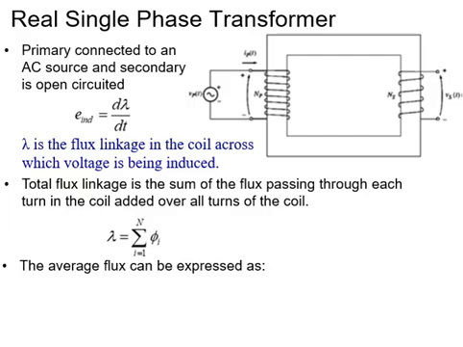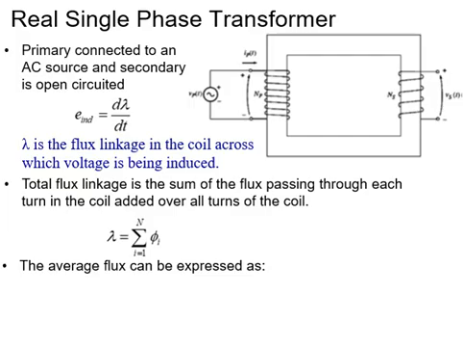Then the total lambda would be lambda 1 plus lambda 2 plus lambda 3. If the total number of turns is capital N, then it would be lambda 1 plus lambda 2 plus lambda 3 up till lambda N.